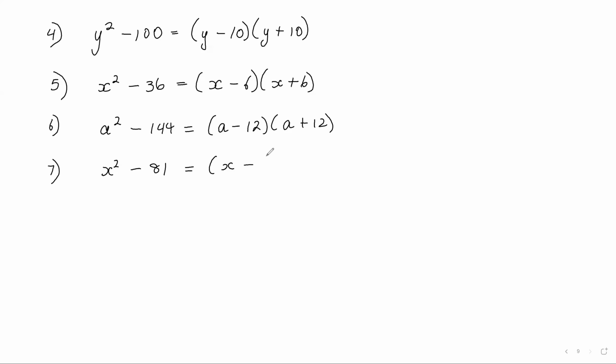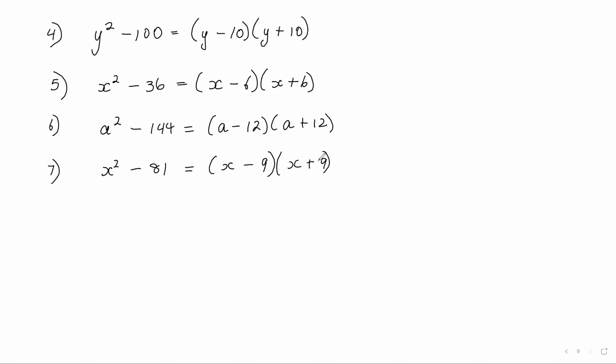What times itself is 81? Wait, no. 9. 9 nines are 81, yeah? Right? And the second pair of brackets will be what? X plus 9. That's right.